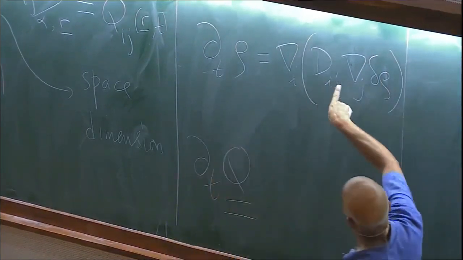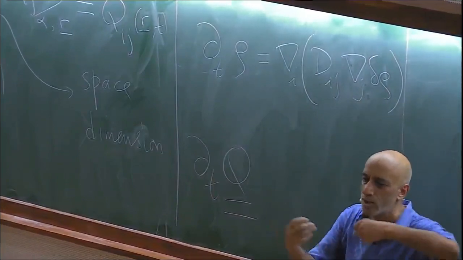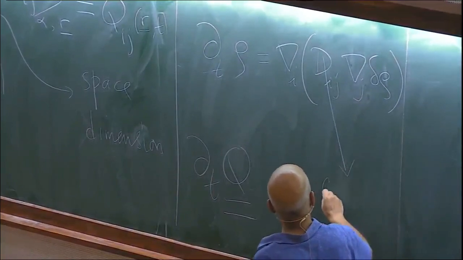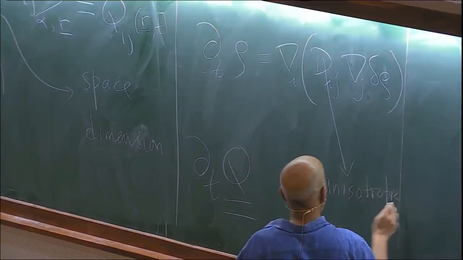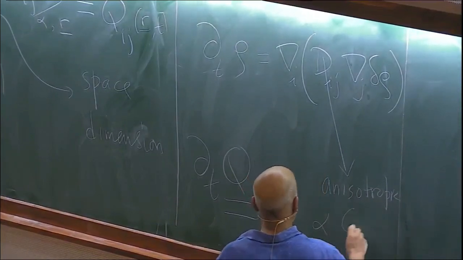And I could get an anisotropic diffusivity, because anisotropy may be proportional to Q_ij or something.